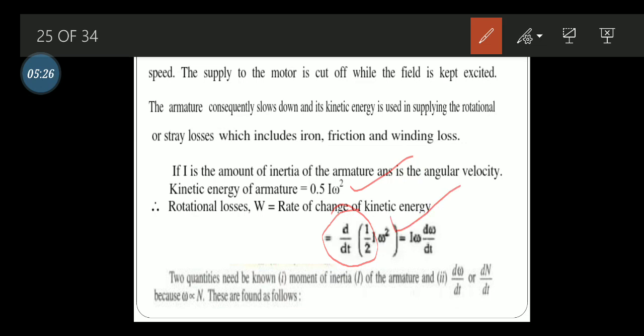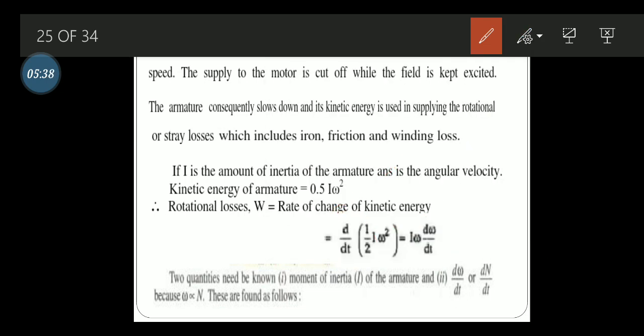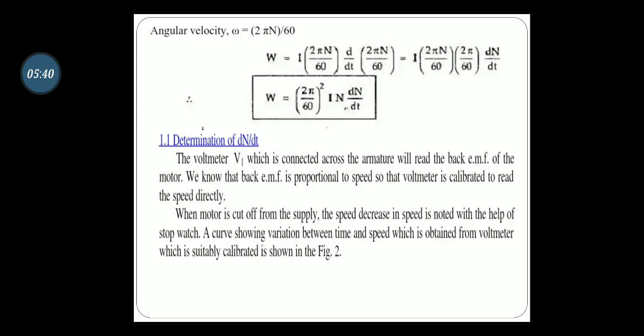Substituting, you will get I omega d omega divided by dt. Now the value of omega is 2 pi N divided by 60.